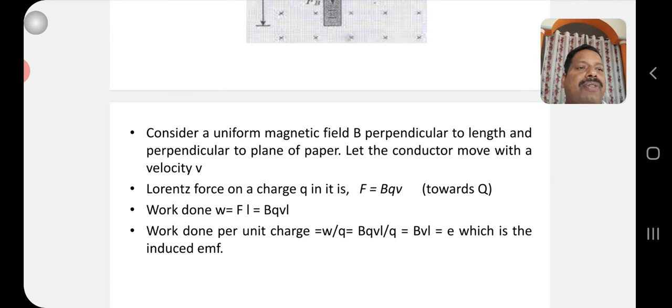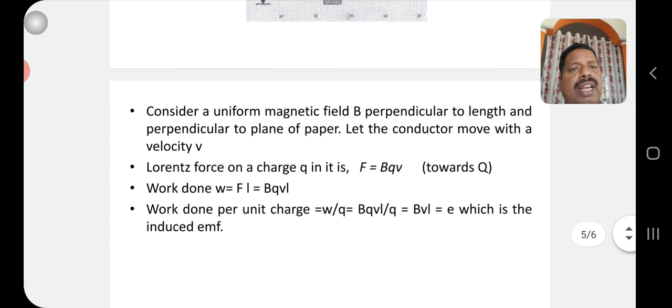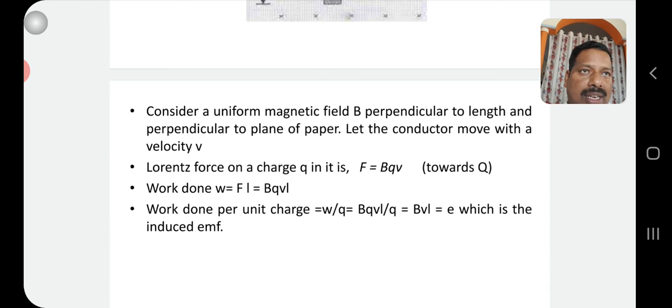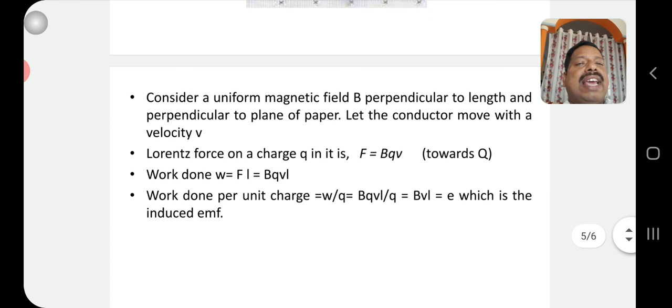If we define the work done, then work done is equal to force into displacement. Here the displacement is nothing but the length of the conductor itself, since electrons can move from one end of the conductor to the other. So work done is equal to F into L, that is BQV into L. Now, work done per unit charge is what we call EMF.